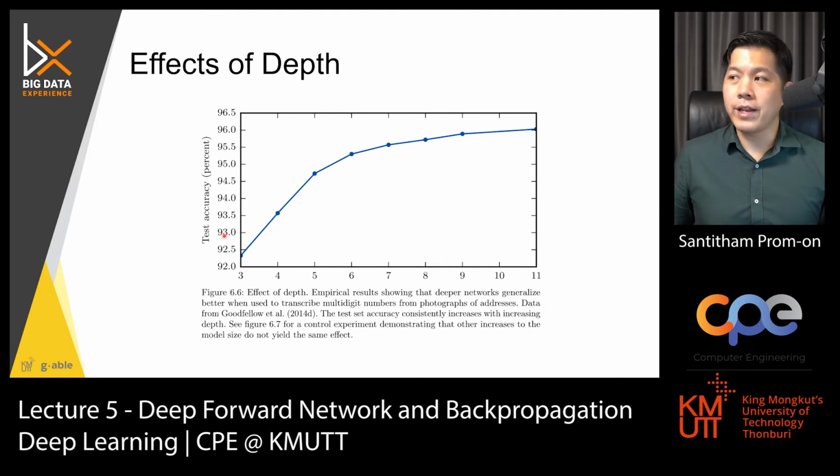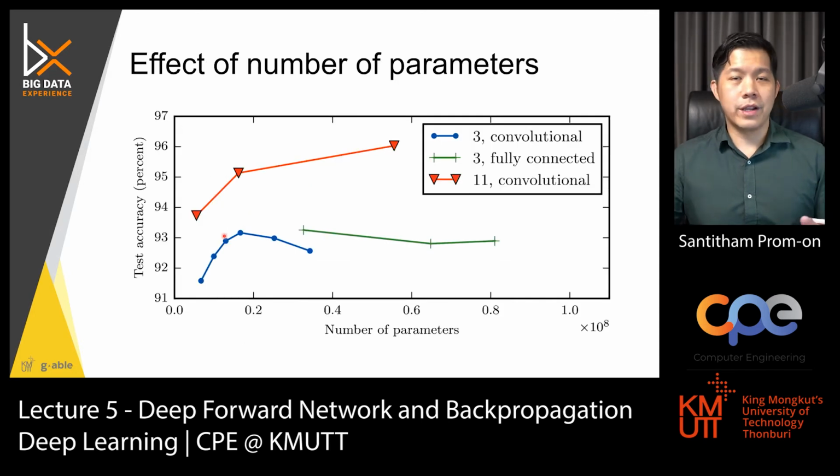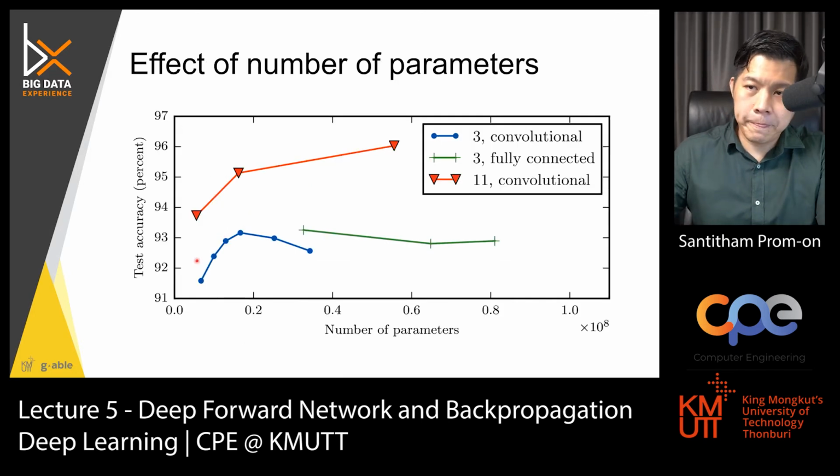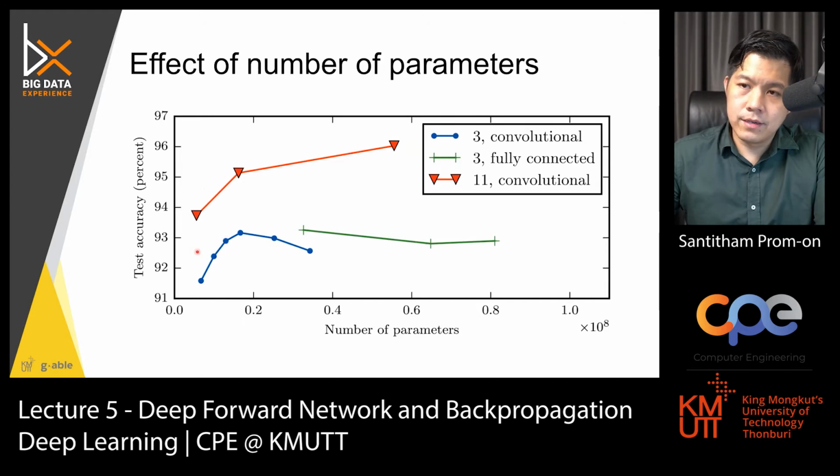The point at which it becomes overfitted can be demonstrated by looking at this one. These are the test accuracies, using the test set, of three types of model. The green one here is the fully connected model.